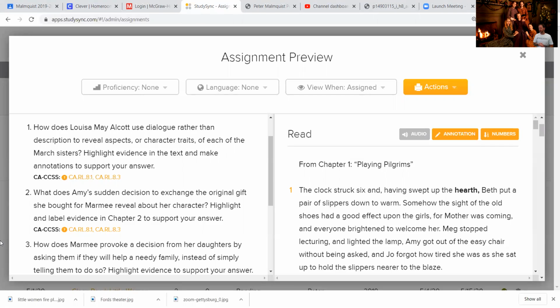How does Louisa May Alcott use dialogue rather than description to reveal aspects of character traits of each of the March sisters? Highlight evidence in the text and make annotations to support your answer. Remember, you are answering this in a Google Doc. You are going to address each sister.